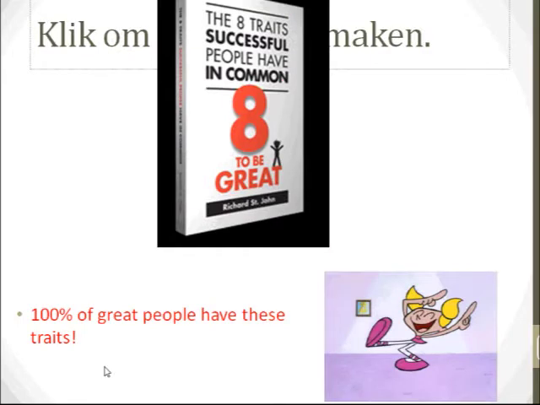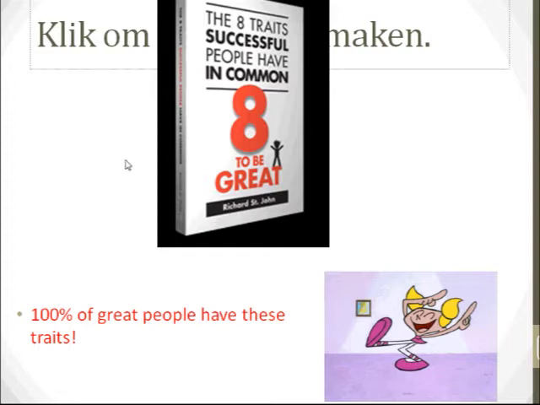Because people think, well, this is fantastic, let's do a little dance, because all the great people which Richard St. John collected in one room all have these 8 traits. And this makes people happy because they think, if I read up on those traits and make sure I have those traits, I will be great as well.